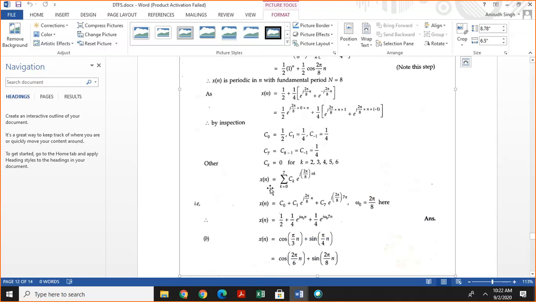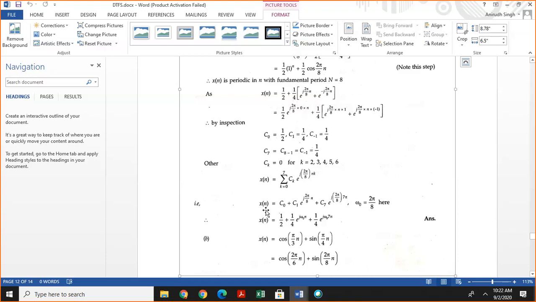So we can write that x of n is the sum for k equal to 0 to 7 of ck multiplied by exponential j 2 pi by 8 k n, or you can expand this expression because the value of ck is 0 when k is 2, 3, 4, 5, 6.